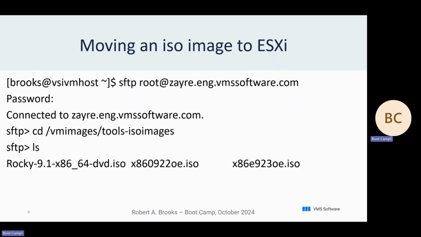Among the reasons why you want to give access to ESXi natively is so you can move ISO images onto ESXi, so you can actually boot a virtual CD. There's no recommended place, although I assume the goal is to stick it in this directory. This is a default directory that's created as part of the installation. And you can see here I've got E923, B922, and a Rocky distro.